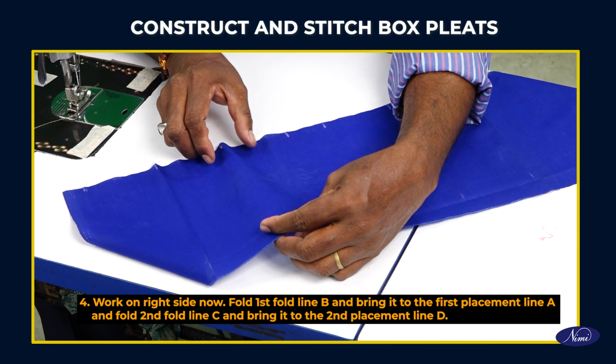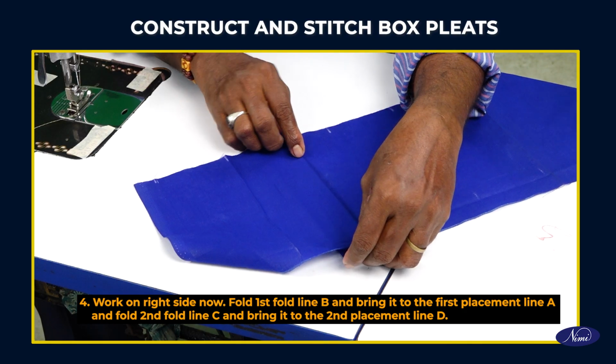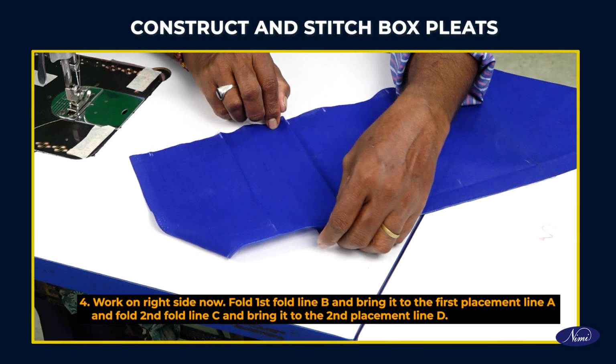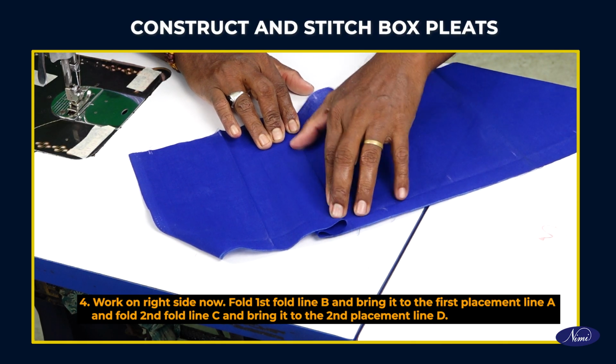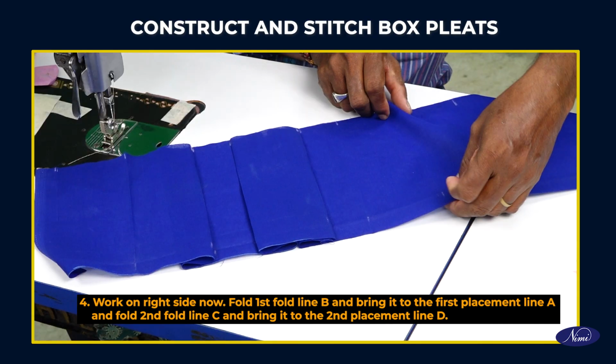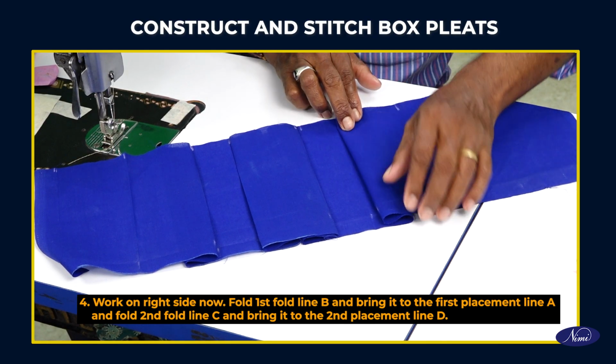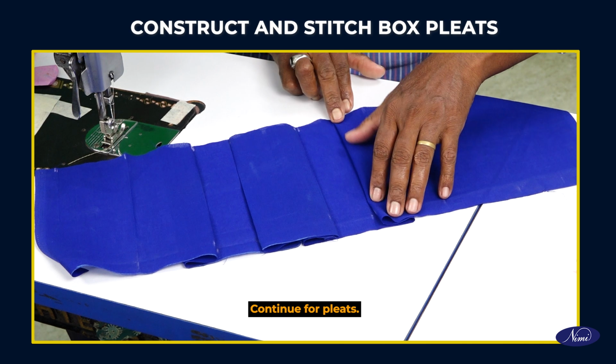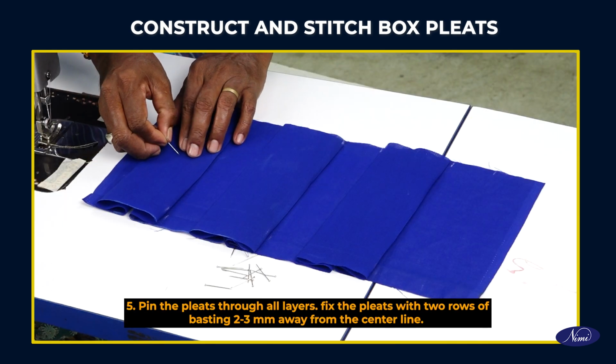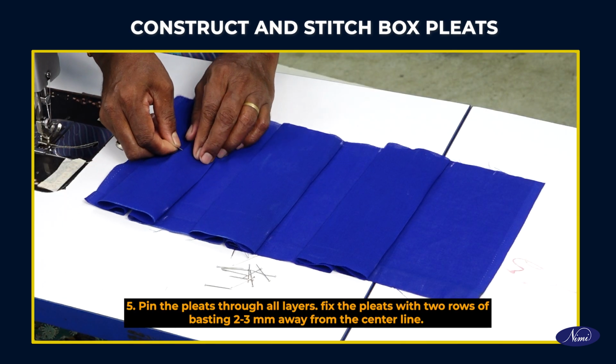Fold first fold line B and bring it to the first placement line A, and fold second fold line C and bring it to the second placement line D. Continue for all pleats. Pin the pleats through all layers.